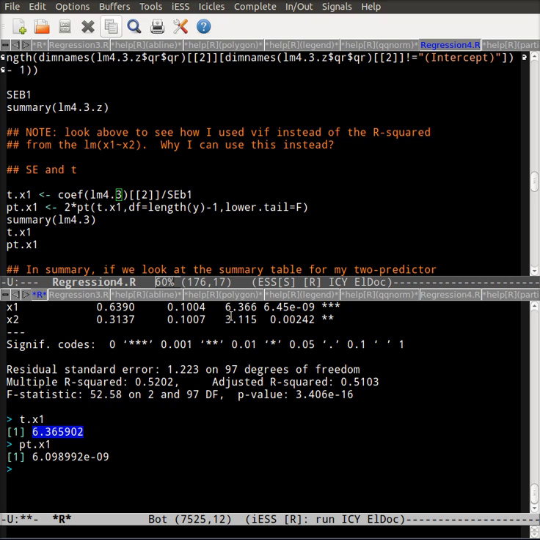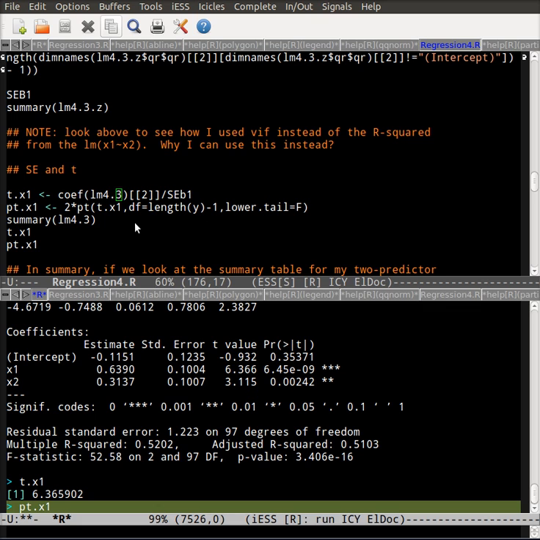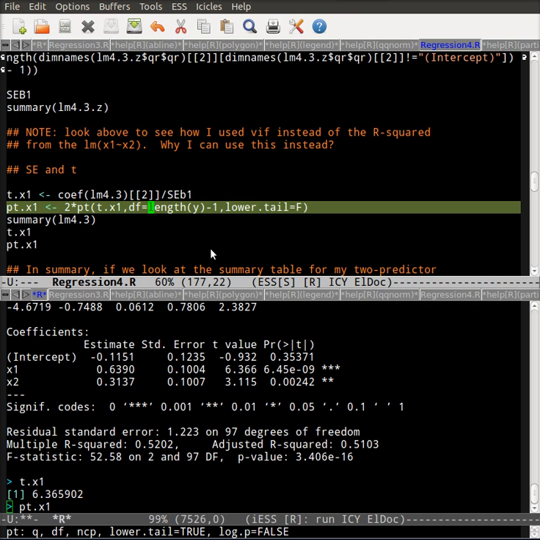And what does that give me? 6.36, right? This number is the same as this number. And then when I calculate the probability associated with that t-value, I get something slightly different, and I'm not sure why.